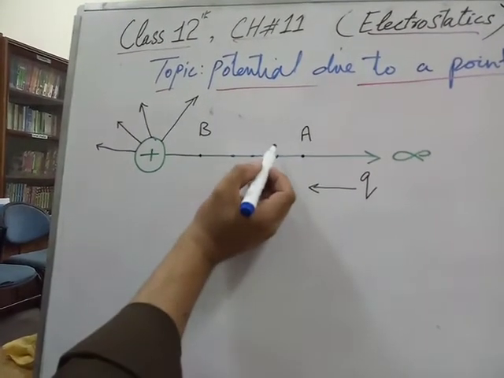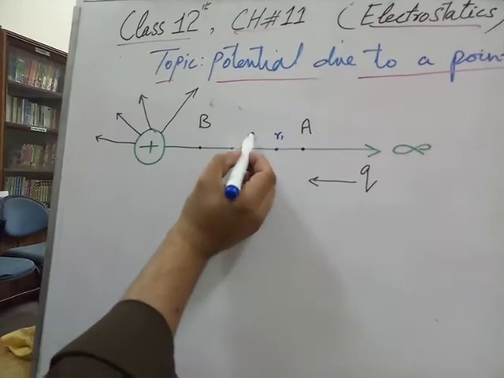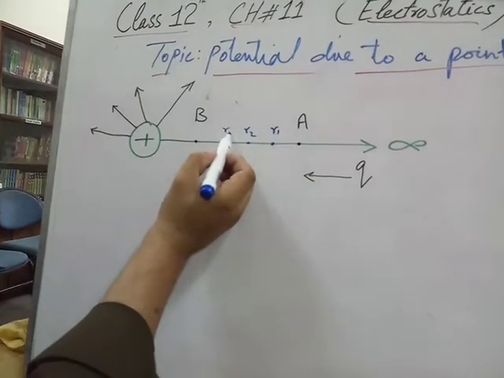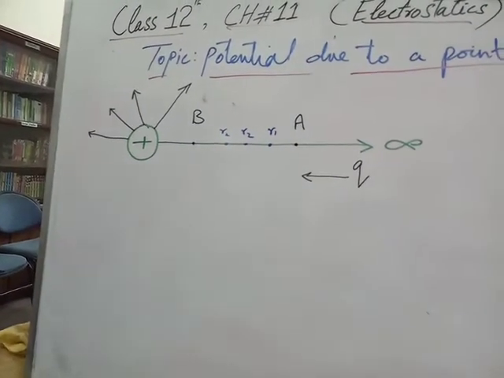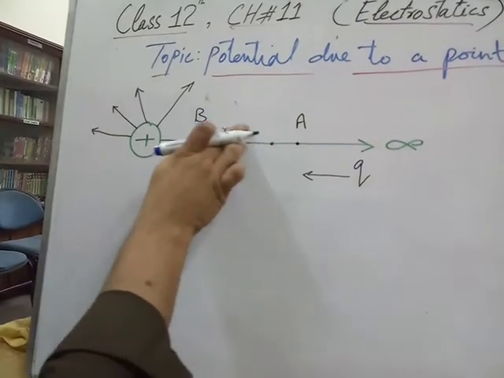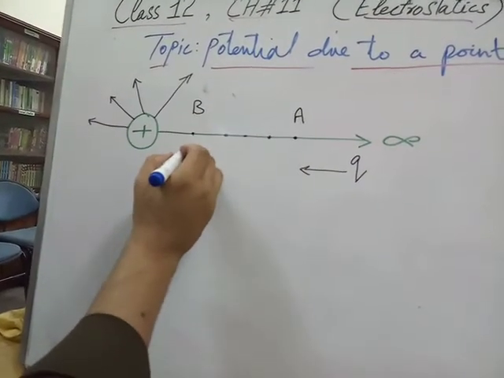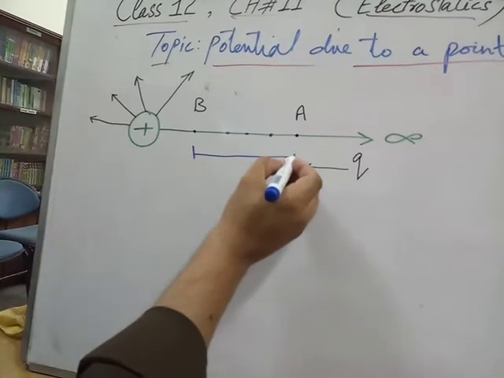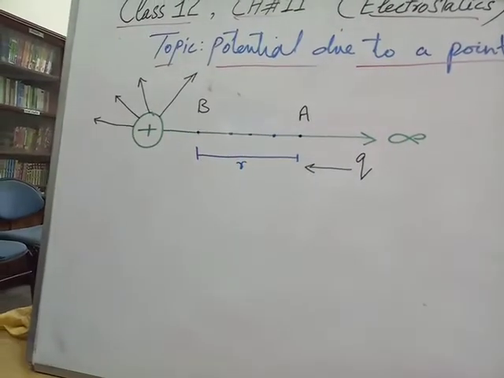This is R1, this is R2, this is R3. Basically, the total distance between A and B is R.